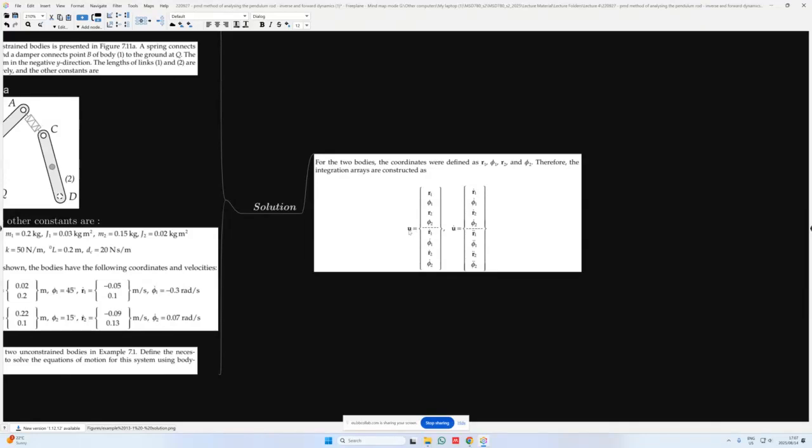If I go one step further and derive u, I get this u dot, which will be r dot 1, phi dot 1, r dot 2, phi dot 2 above the separator line, and below the line I then have the accelerations: accelerations for body 1 and then the accelerations for body 2.